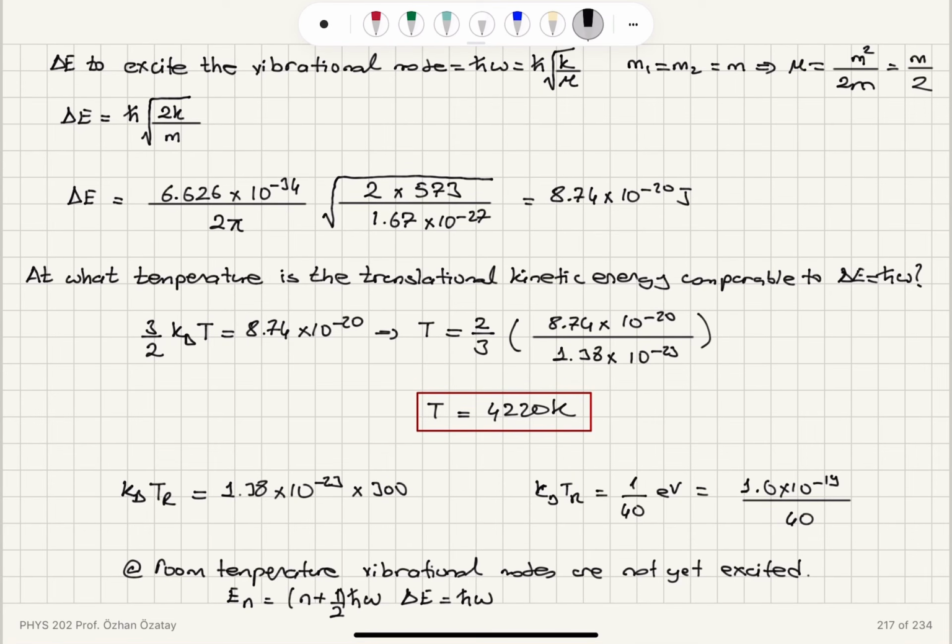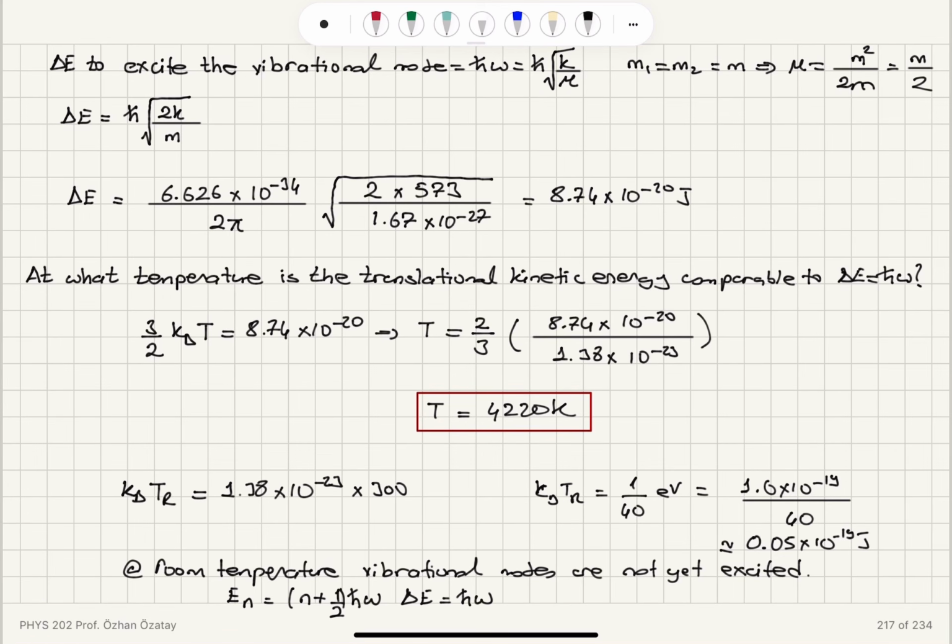If you take this to be 2 divided by 40, let's say, it is roughly equal to 1 over 20, which is 0.05 times 10 to minus 19 joules. So you can see that this energy is not enough to excite vibrational modes.